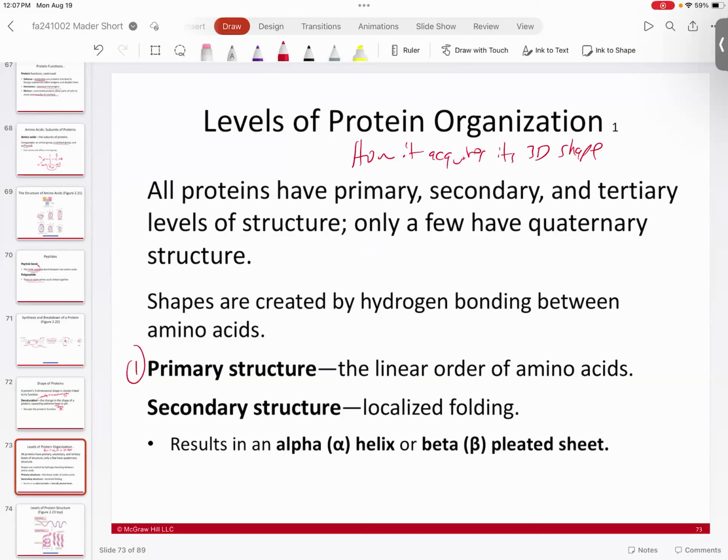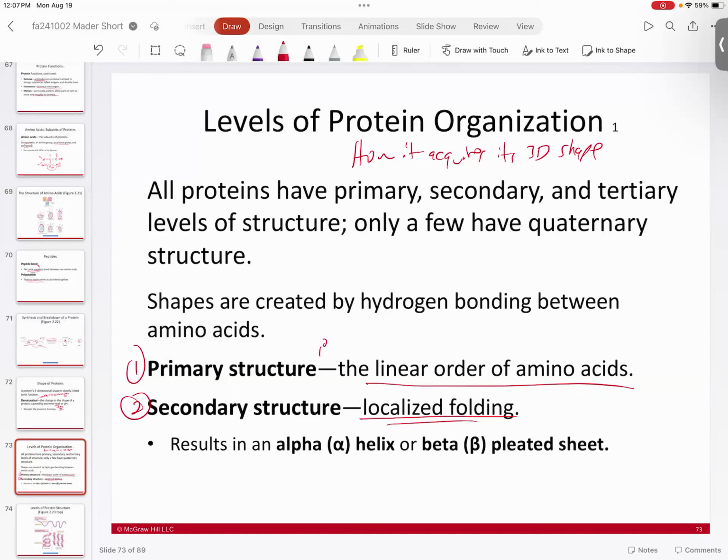First of all, there's primary structure. This is basically the linear order of amino acids. It's basically your amino acids as you're linking them in a row into what's called your polypeptide, your long chain of amino acids. Then what starts to happen is you get localized folding. This results in two different forms.